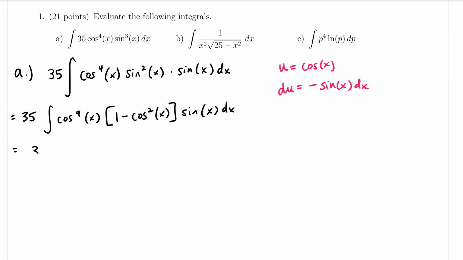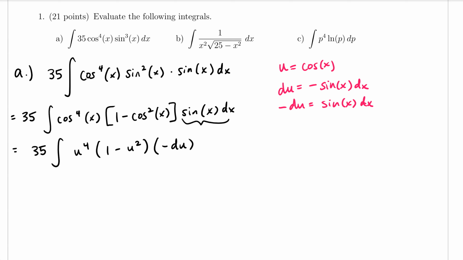So coming back over here, we have 35 times the integral of u to the fourth times 1 minus u squared, and then negative du is equal to sine of x dx. So this here I will replace with negative du. I'm going to go ahead and factor out the negative sign. And I'm also going to distribute in u to the fourth.